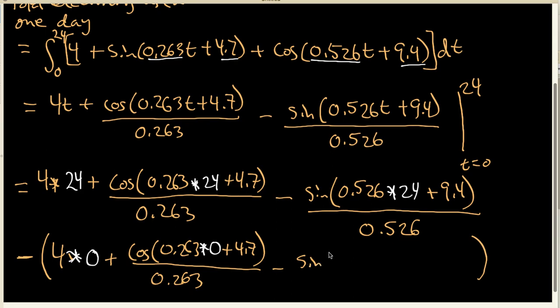So we have minus the sine of 0.526 times 0 plus 9.4 all over 0.526.